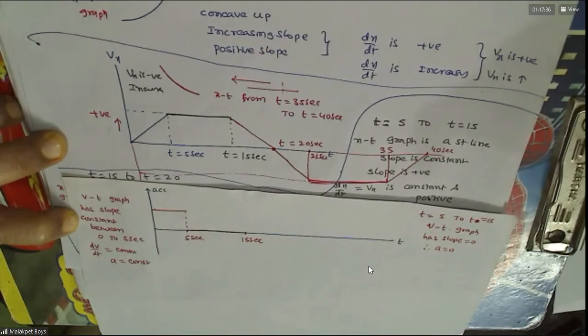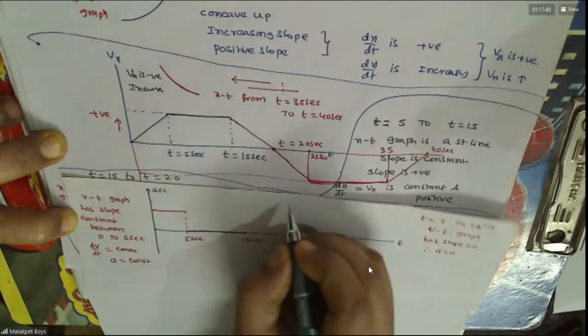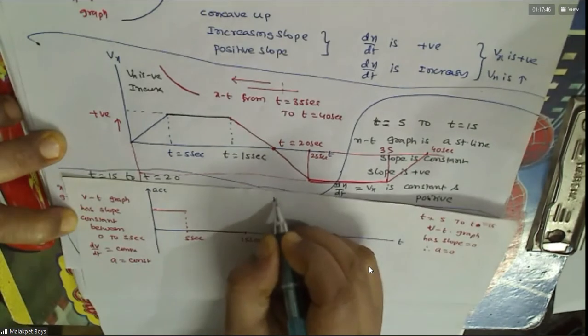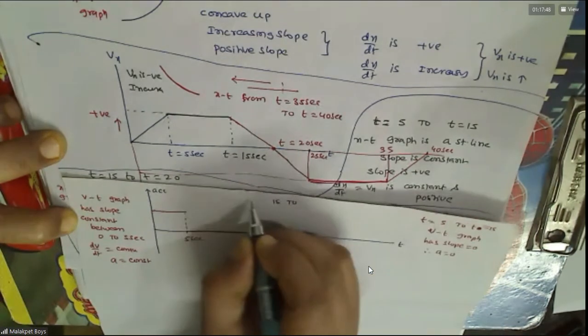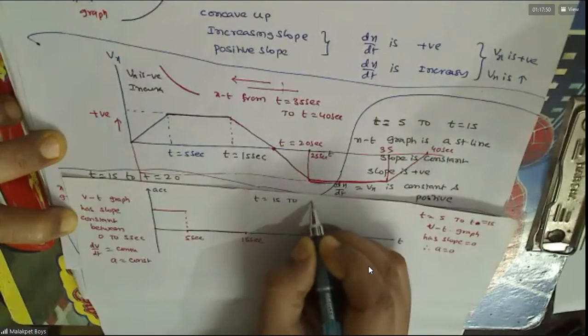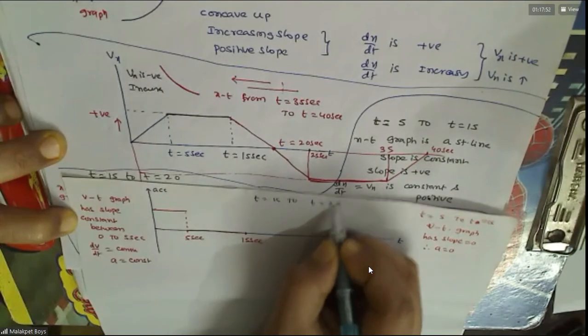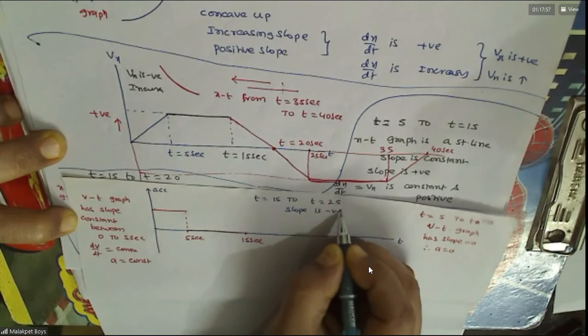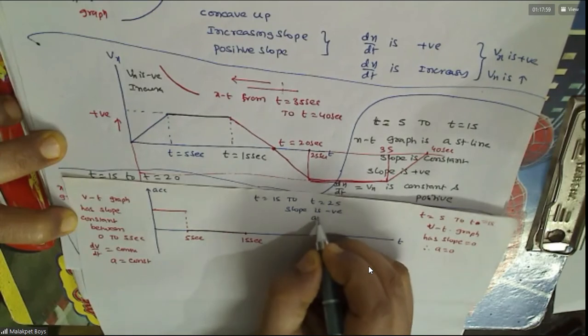Follow this? Next. Study the next part from t equals 15 to t equals 25. Slope is negative, no? And constant, so a continuous straight line.